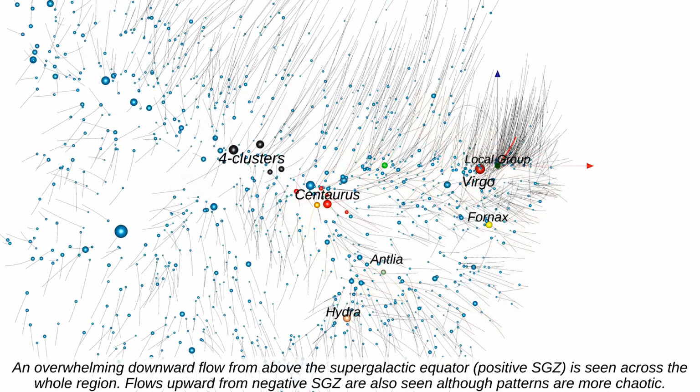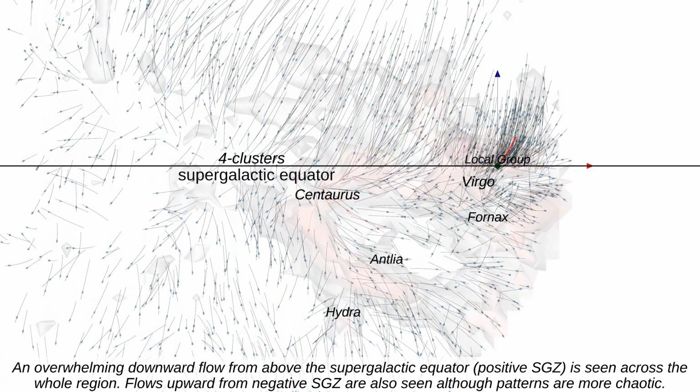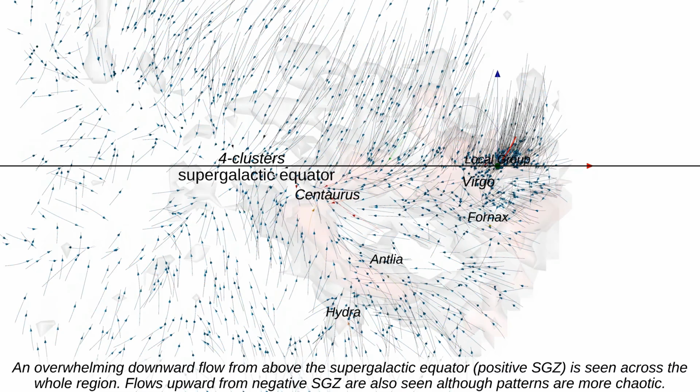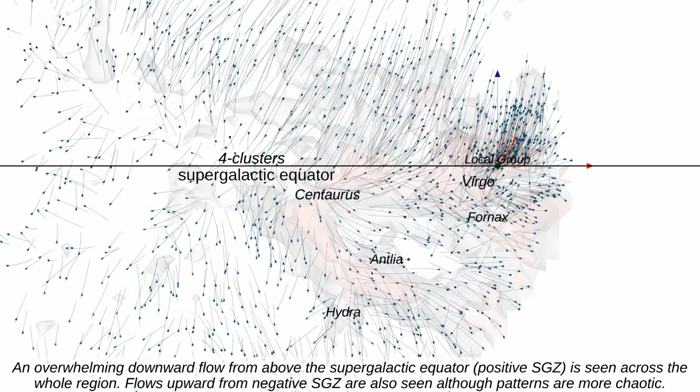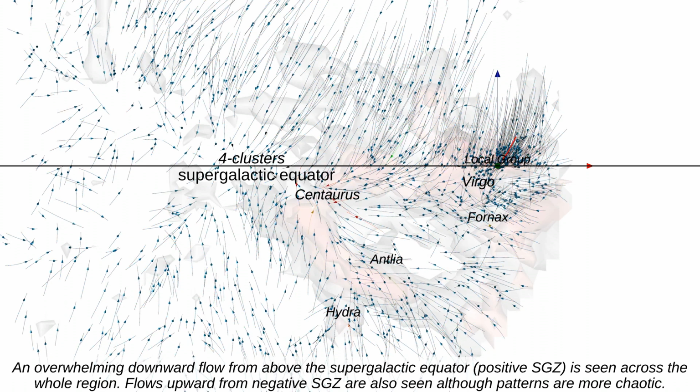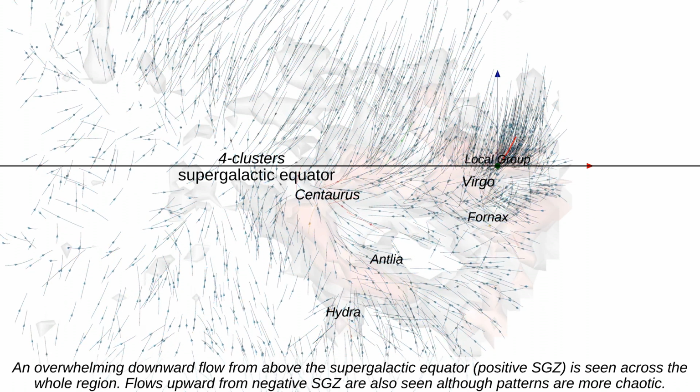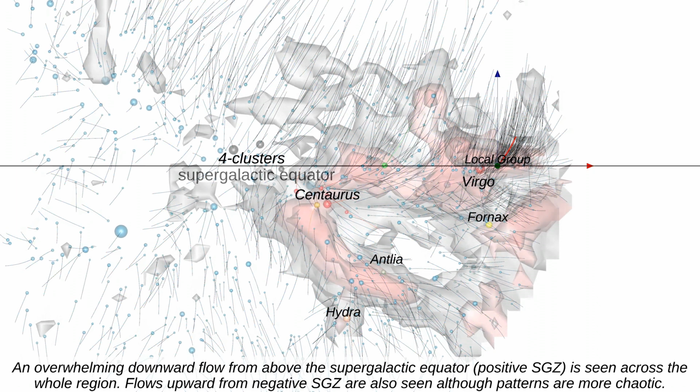An overwhelming downward flow from above the supergalactic equator, positive SGZ, is seen across the whole region. Flows upward from negative SGZ are also seen, although patterns are more chaotic.